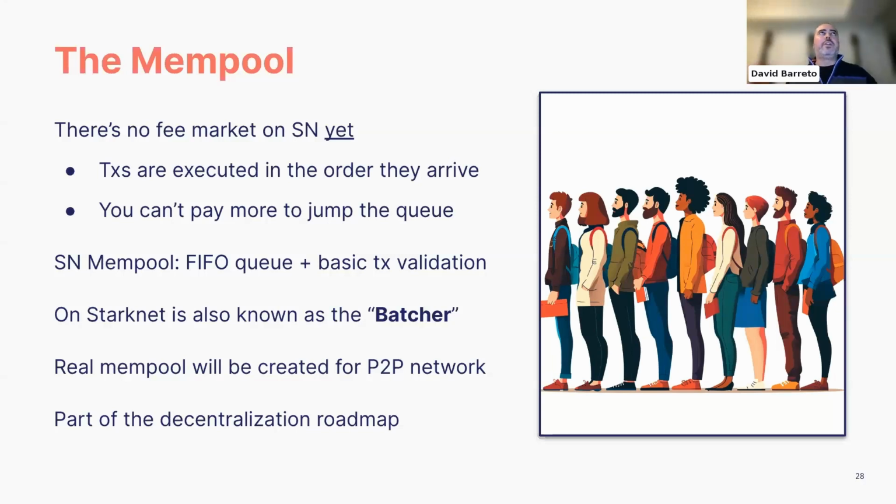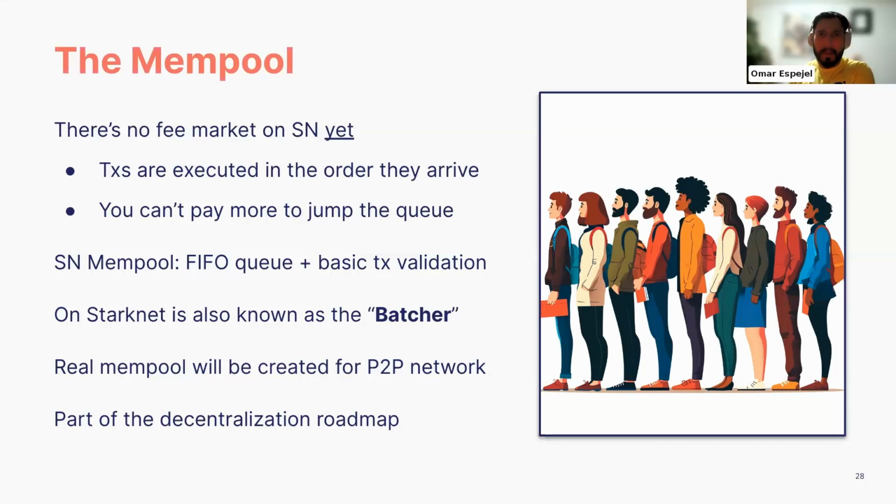It's also because, if you don't have a single sequencer, it doesn't make sense to have a real mempool to broadcast transactions. Eventually, when all layer 2s decentralize, they will need a proper mempool, and maybe this layer 2 finality won't be 3 seconds, it will be a little longer because you have to wait for consensus on layer 2 to happen. But for now, I think most of them, if not all, use the same approach.